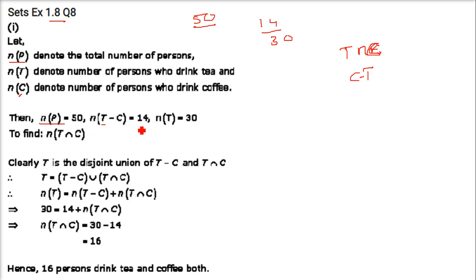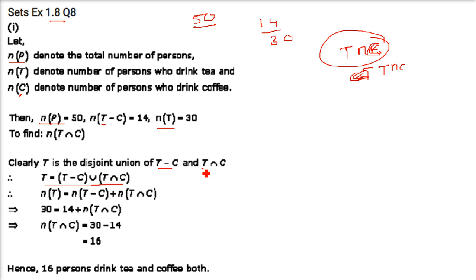We actually have to find T intersection C. This I showed you, right? So T minus C is 14, and the number of people drinking tea is 30. We have to use this again and again; you have to understand this for solving any of these questions. So T equals T minus C union T intersection C. This we already know.